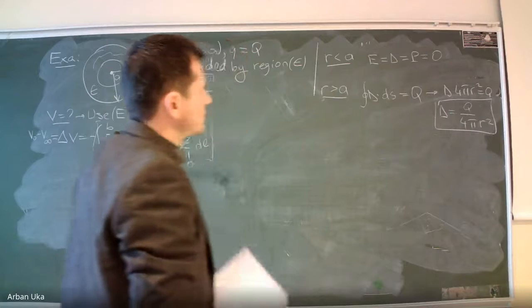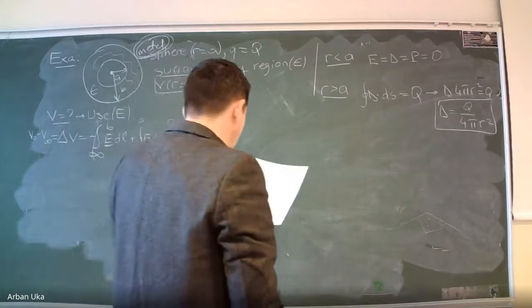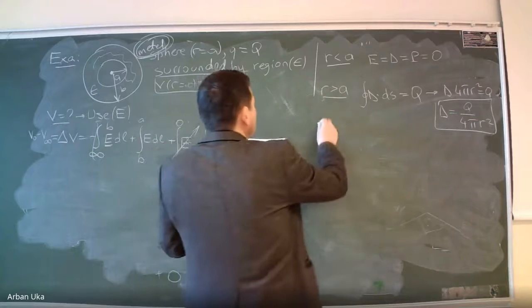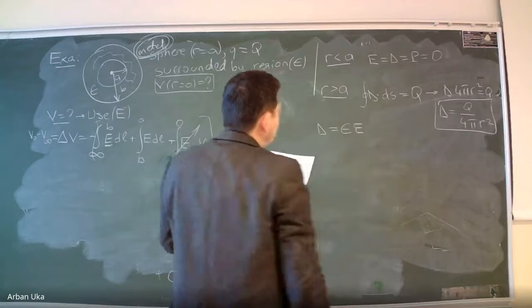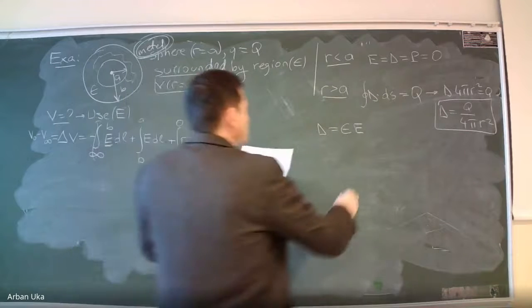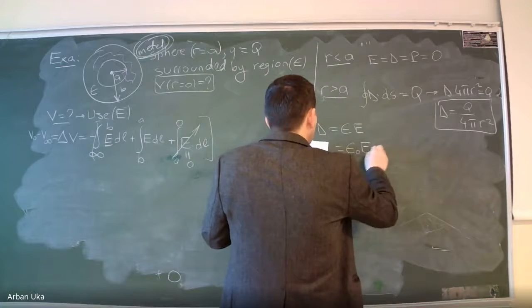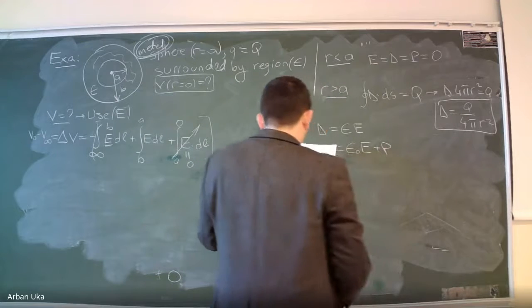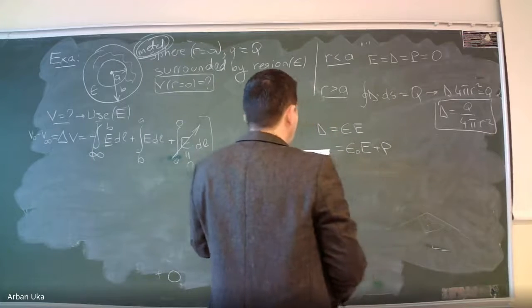From here, using the relationship, D is equal to permittivity times the electric field intensity. This can also be written as epsilon 0 E plus the polarization.